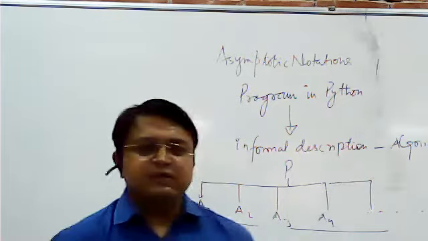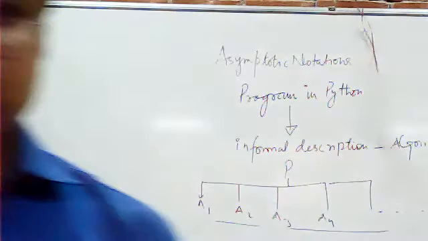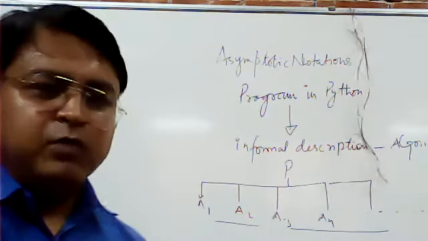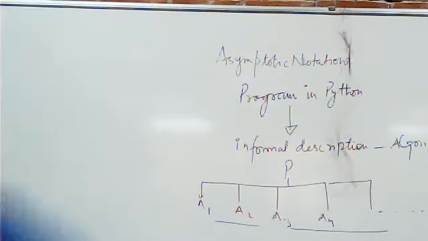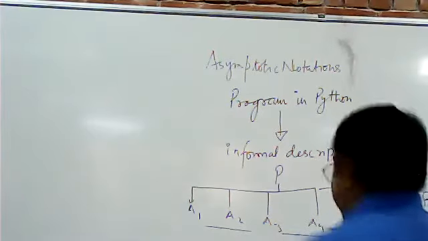Which solution is best in terms of time complexity and space complexity. You are given a particular problem, you have a large number of solutions for it, and among these solutions we are going to see which is best in terms of time and space. So how do we analyze this time and space complexity?